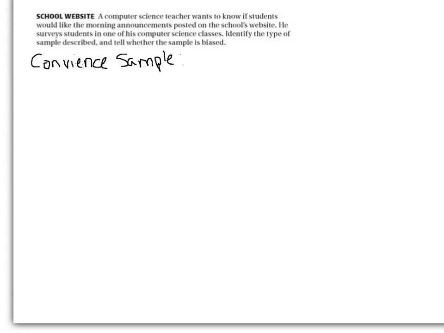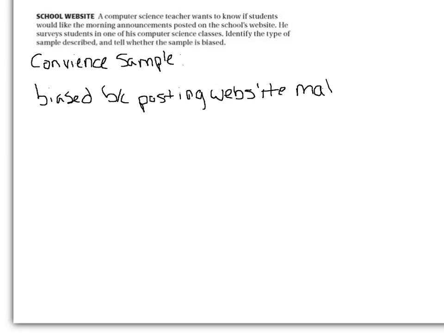Now this is where you have to think, is it biased or unbiased? I would say it's biased, because he is asking about posting something on a website from a computer class.